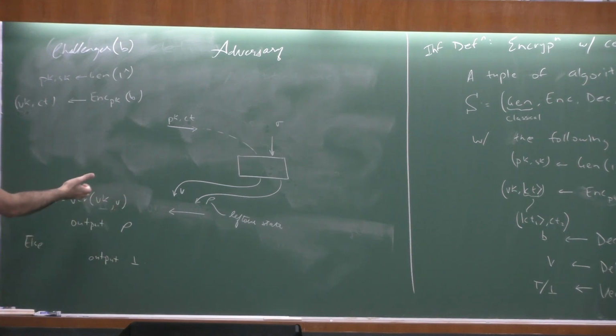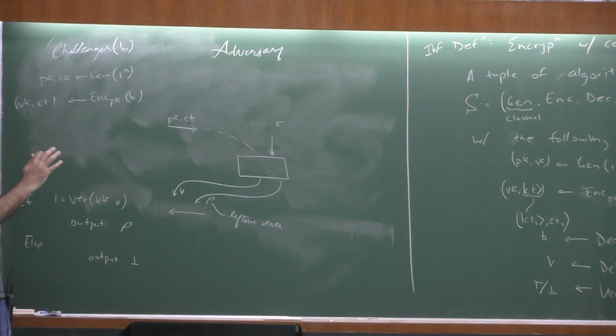Because think about it, if you were satisfying it, how could you possibly have any information about B? What if the adversary really learns something but is just randomly giving V, so that the challenger becomes a fool? Then the certificate won't pass.